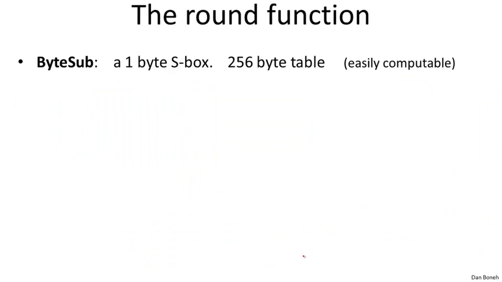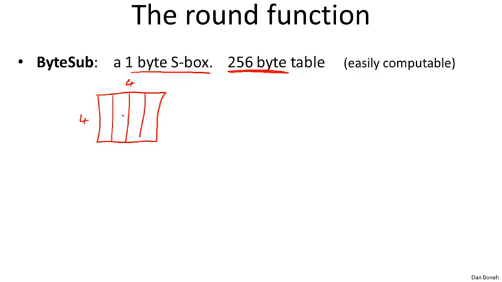So the way byte substitution works is literally it's one S box containing 256 bytes, and essentially it applies the S box to every byte in the current state. Let me explain what I mean by that. The current state is going to be this 4x4 table, and to each element in this table we apply the S box.